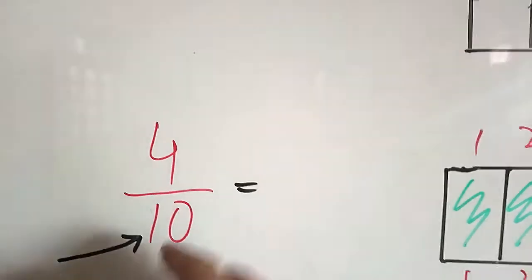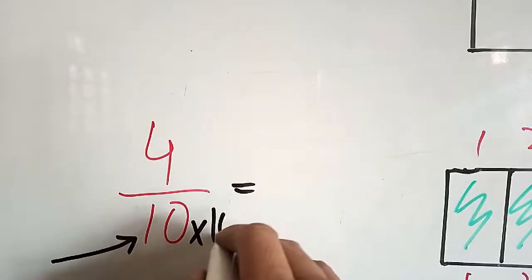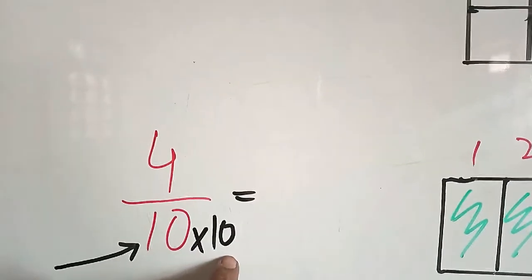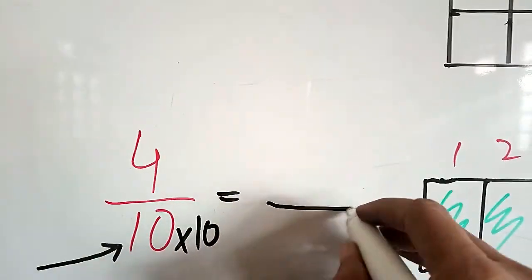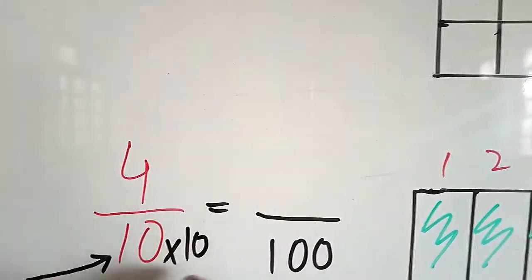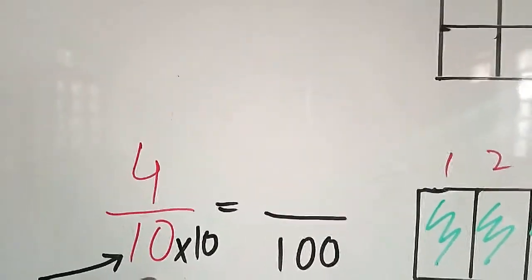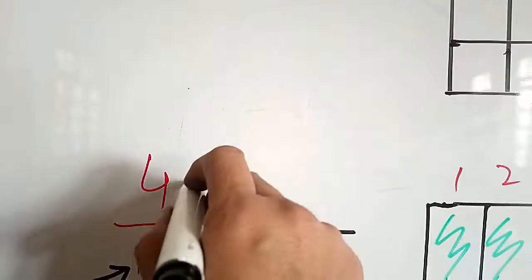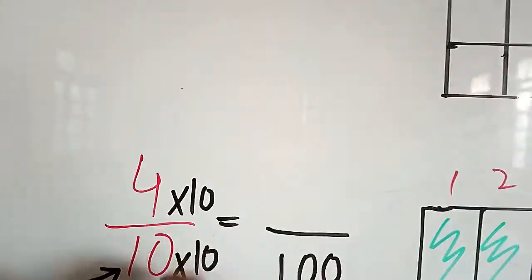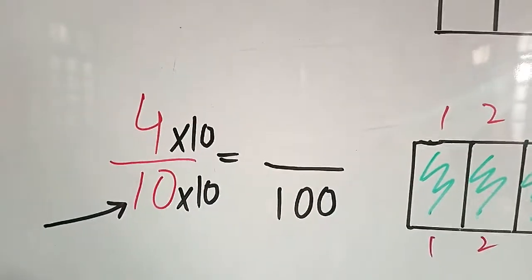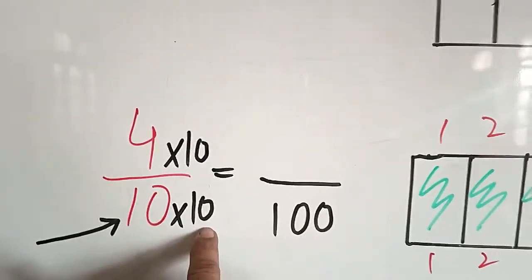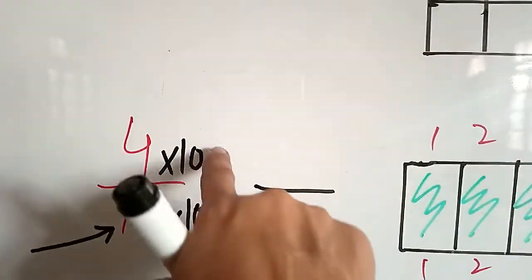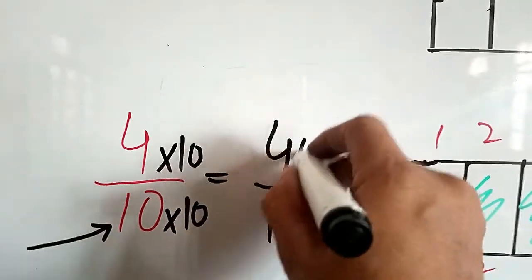We will multiply this 10 by 10 to make 100. And it is the rule, whenever we multiply the denominator by any number, we have to multiply the same number with the numerator as well. Now here 10 tens are 100, then 10 fours are 40.